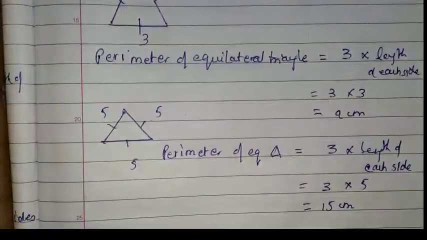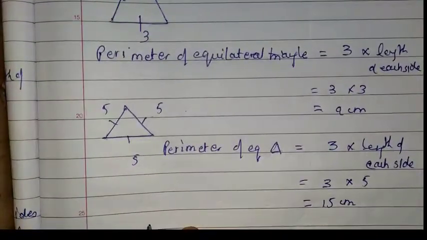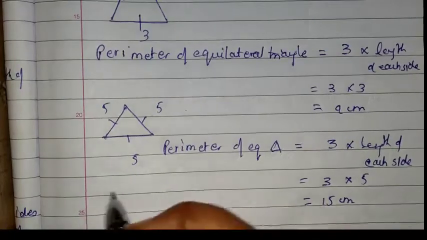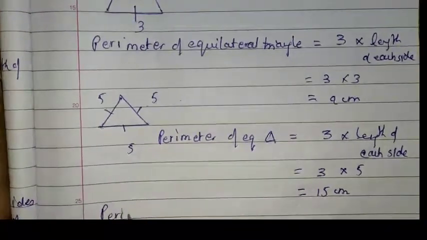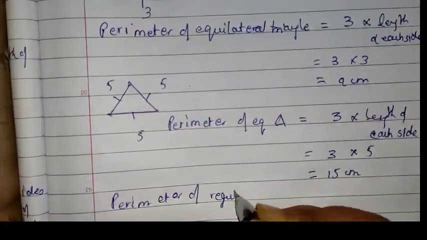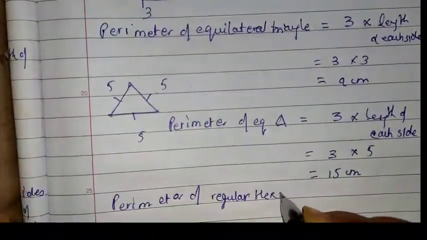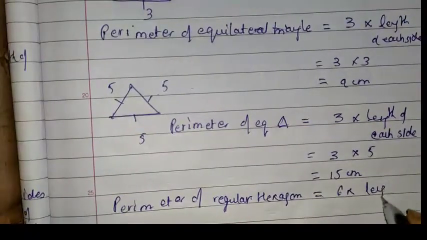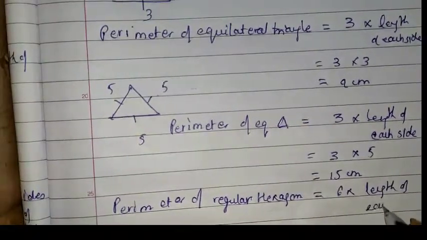Similarly, we can find it for a regular hexagon, that is a figure with 6 sides. So the formula would be: perimeter of a regular hexagon is equal to 6 into length of each side.